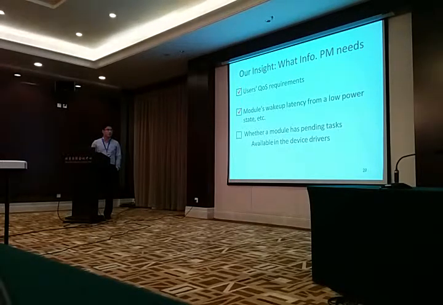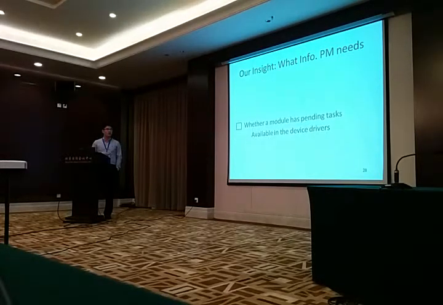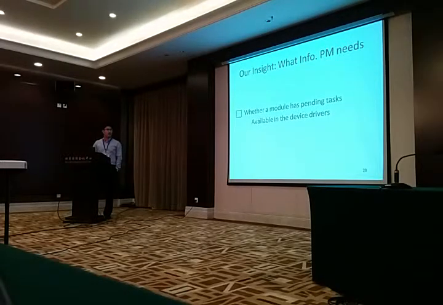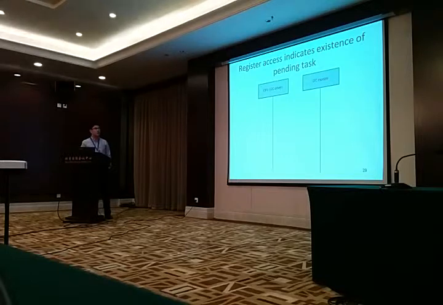However, our key insight is even this piece of information is also available outside of device drivers. It can be obtained by monitoring the access to the module's registers, because we observe that when a module has pending tasks, the CPU will frequently access its registers.